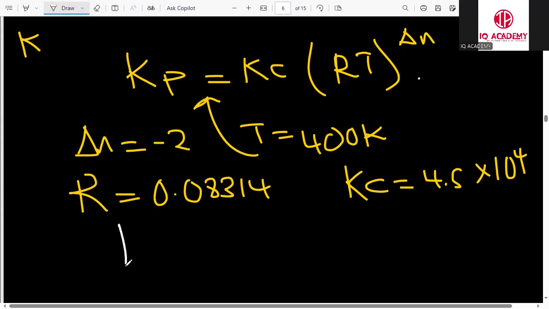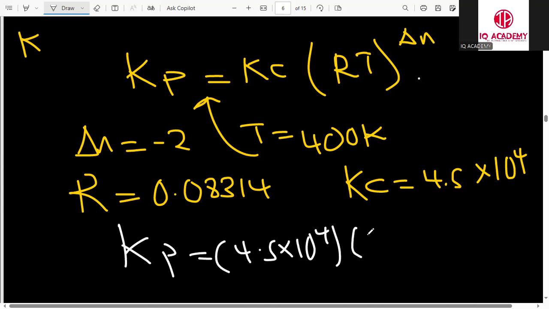So we're going to say Kp is equal to the Kc multiplied by 10 to the power 4. And then we are multiplying this by 0.08314 multiplied by the temperature, which is 400.